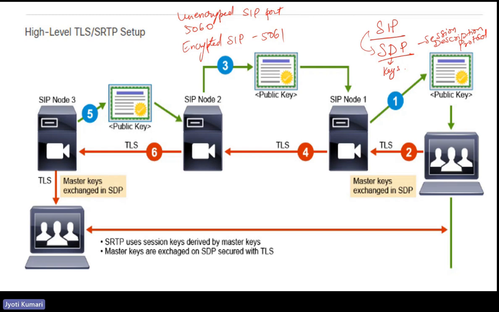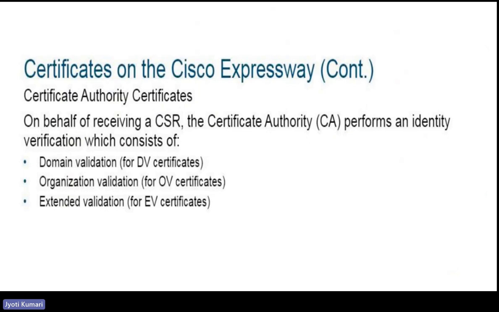On receiving the certificate request, called a CSR, the CA, which is a certificate authority, performs an identity verification, which consists of domain validation, organization validation, and extended validation. These are the identity verifications that the CA performs.